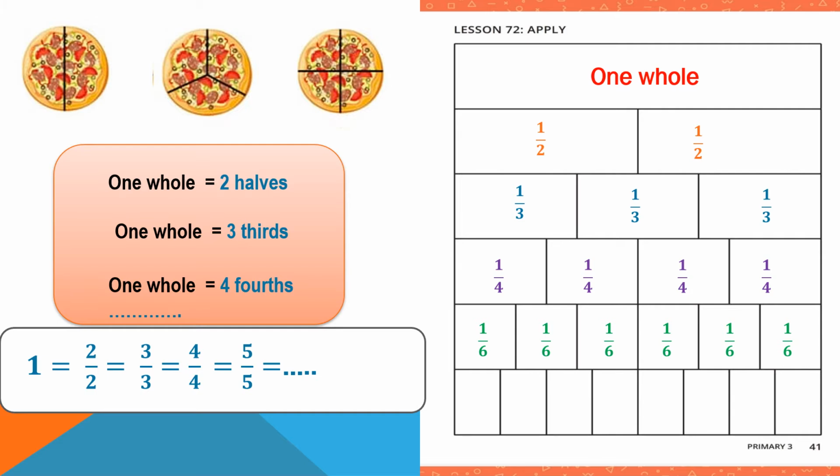So we have here 6/6. And here 1, 2, 3, 4, 5, 6, 7, 8. We have 8 equal parts. So each one is 1/8. All of them are 8/8.